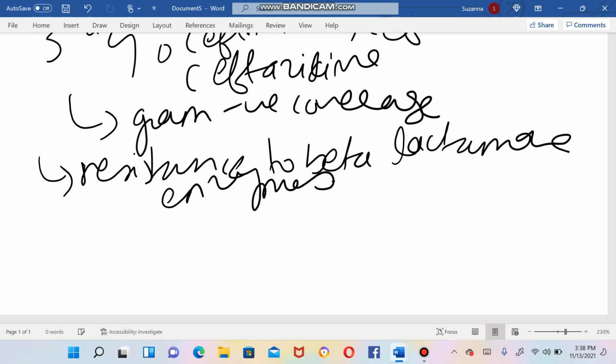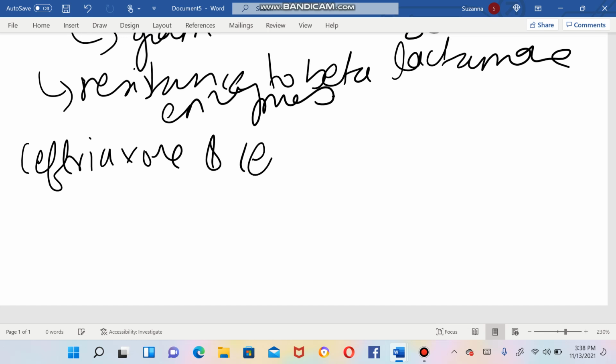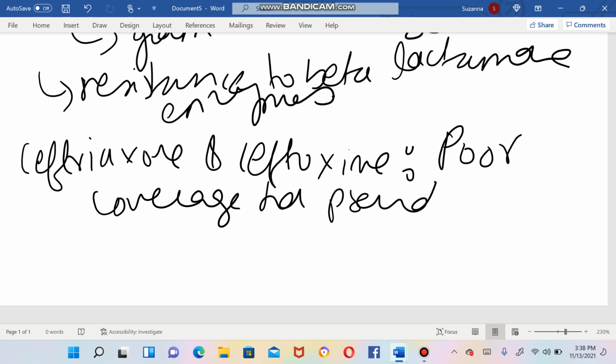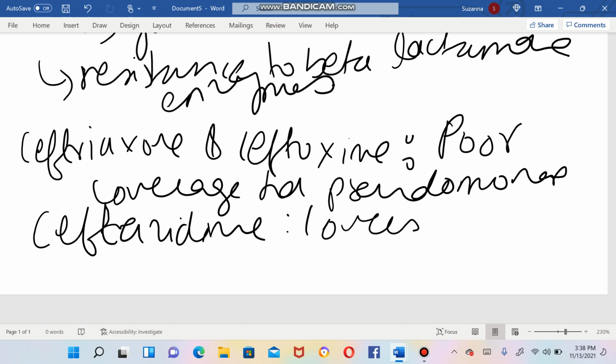So the two drugs ceftriaxone and cefotaxime of third generation have poor coverage for pseudomonas, but ceftazidime covers pseudomonas as well.